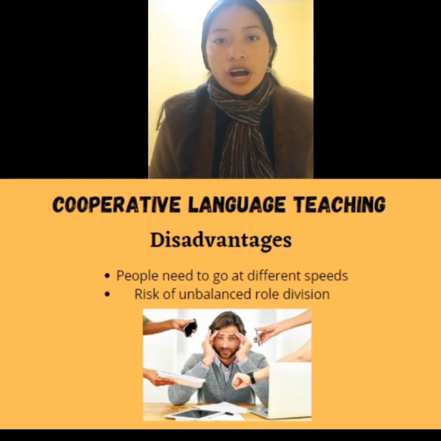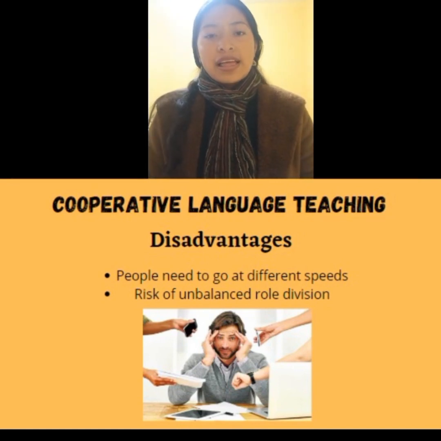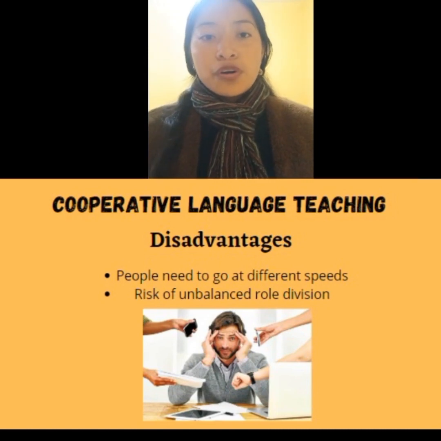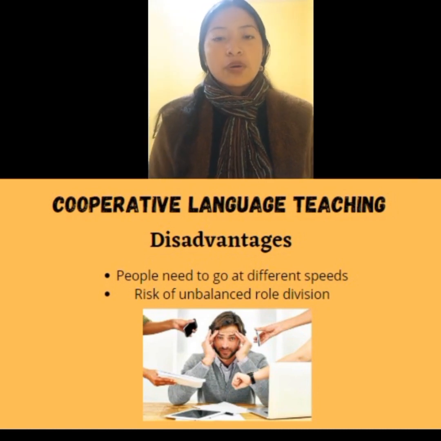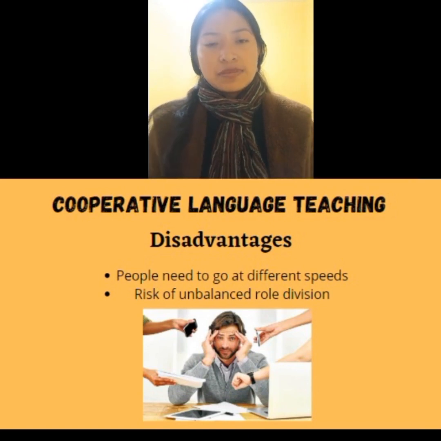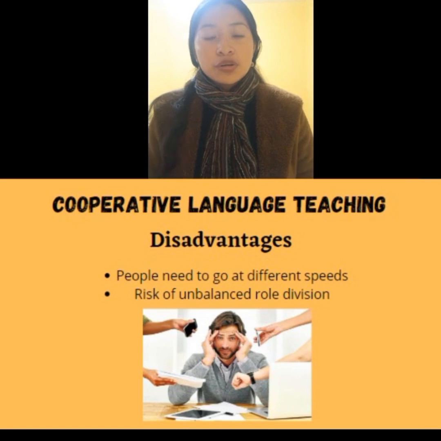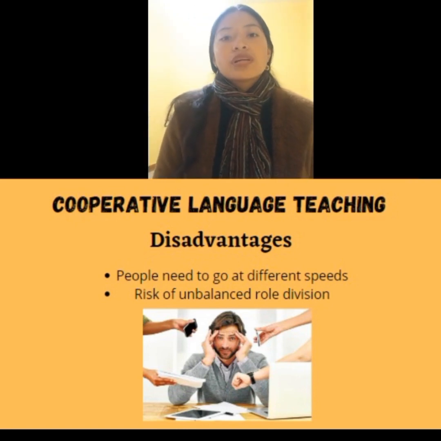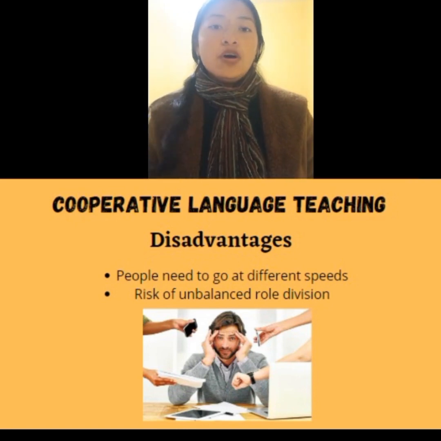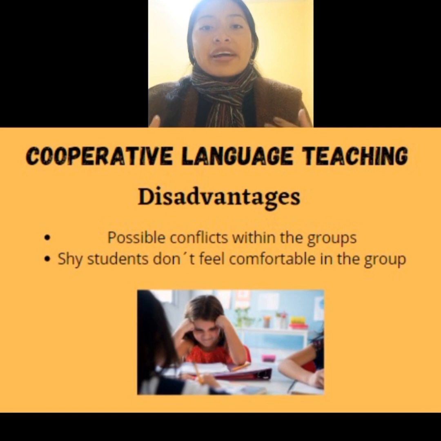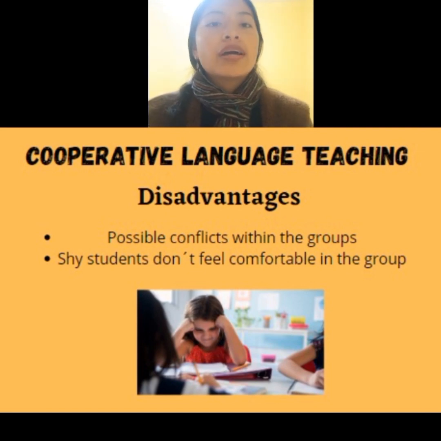People need to go at different speeds. Here, there may be peer pressure for not finishing their work or their activity. Risk of unable set role division: some students may work harder than others. Possible conflicts: within the groups, there may be problems with doing a group activity.